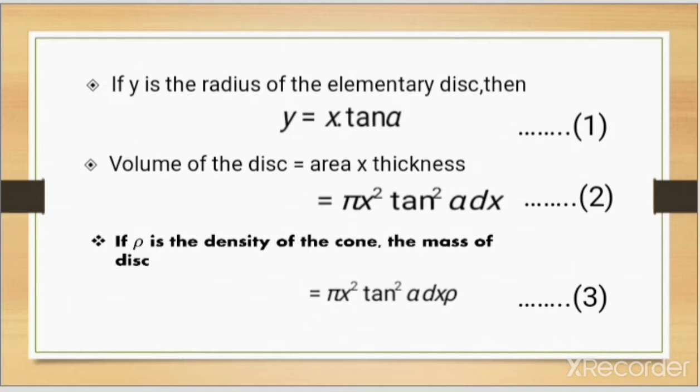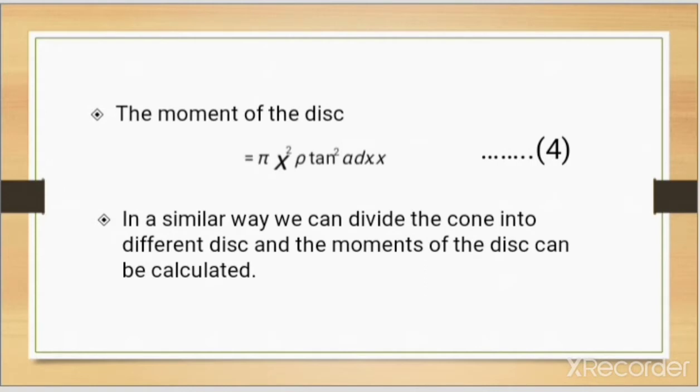If rho is the density of the cone, the mass of the disk is equal to pi x square tan square alpha dx rho. The moment of the disk is equal to pi x square rho tan square alpha dx into x. In a similar way, we can divide the cone into different disks and the moment of each disk can be calculated.